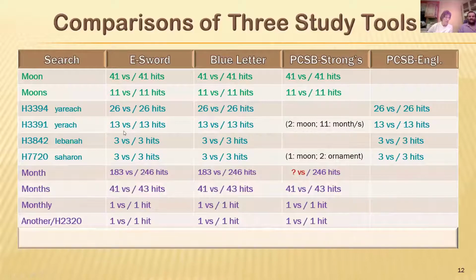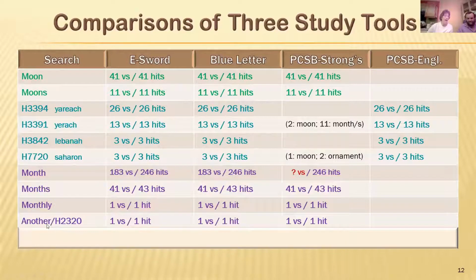Month, months, monthly, and this other word is another that connects to 2320. So when I look those up in eSword for month, it has 183 verses, 246 hits. Now, this means that you've got 246 hits in 183 verses. Many verses in Esther will have that word up to 5 times. No problem. In the Blue Letter Bible, it's the same.